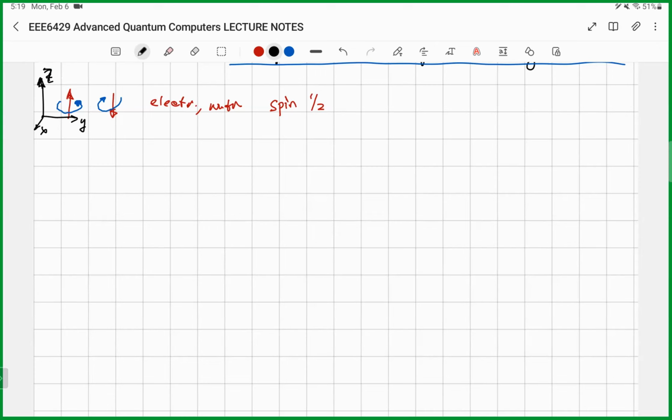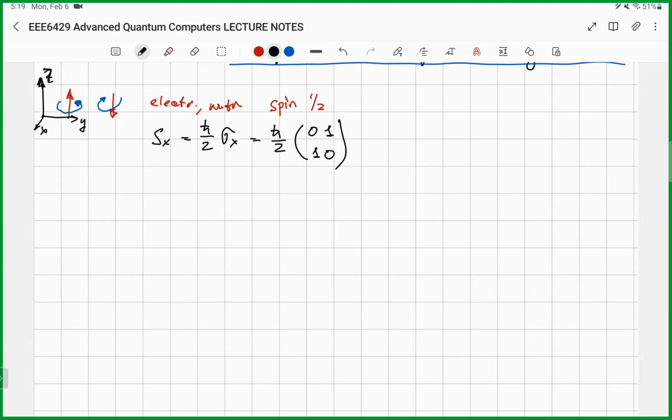This measurement is mathematically represented by the operator Sx, which is equal to h bar over 2 sigma x. And sigma x, we already know, is the Pauli matrix X, so it's equal to h bar over 2 times the matrix 0, 1, 1, 0.